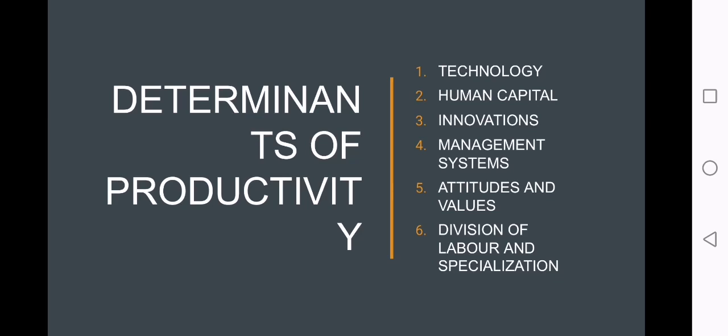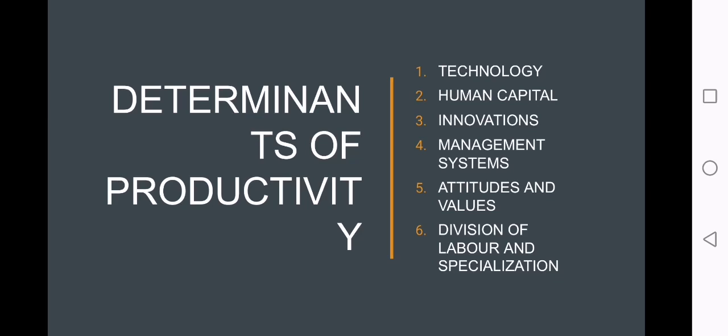Productivity is determined based on the technology used in production, the human capital, that's the people working, how they work, and the innovations. A better technology could increase productivity. If the humans who are working are inefficient, productivity falls.